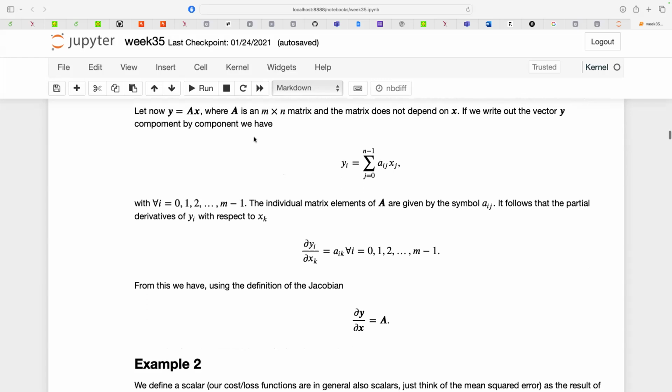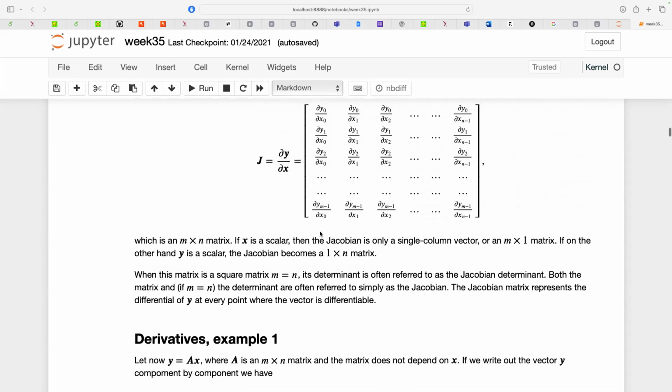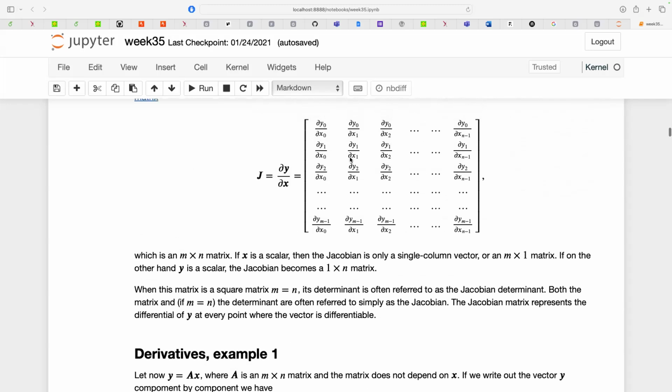And then when you spell it out like this, you can calculate the derivative with respect to one of these components K. And this derivative, which you see here, is nothing but what you have in this matrix. So this Jacobian matrix is just you organizing everything in terms of a matrix.